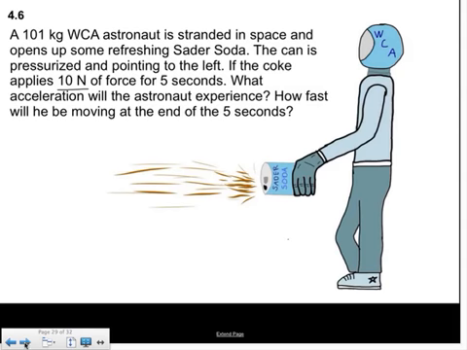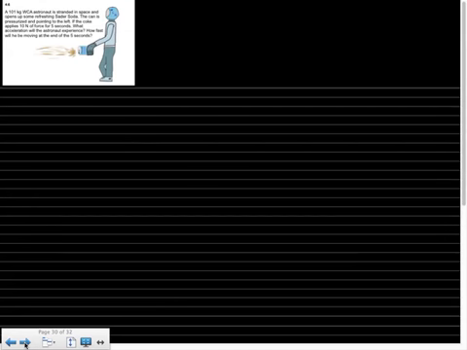Let's look at the solution. First thing you want to do is write down what you know, the givens in this problem. The mass of the guy is 101 kilograms. The force of the can is equal to 10 newtons.